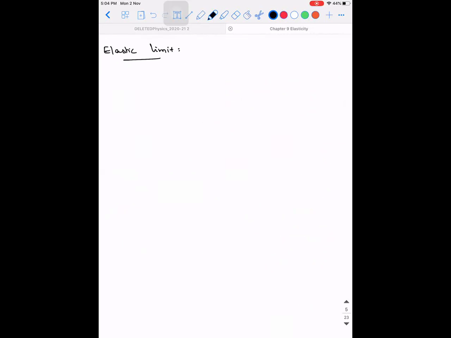As the name suggests, what do you mean by elastic limit? Maximum elasticity of an object. Yes, so it is a maximum stress. Who is actually testing the elasticity of a material?